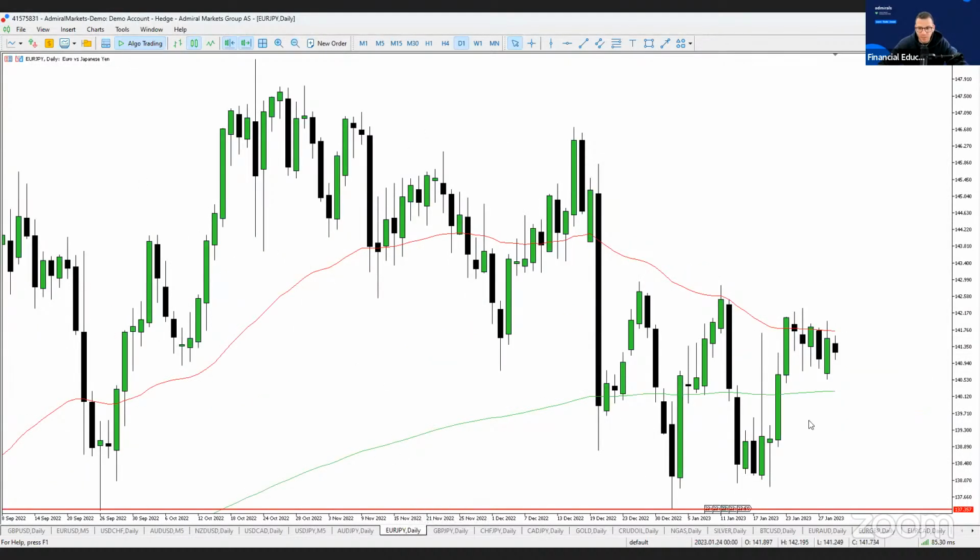Euro against the Japanese yen, it's a bit choppy. This one here, the market consolidates. So it didn't come all the way to retest the resistance, so we don't know where the limit orders are.